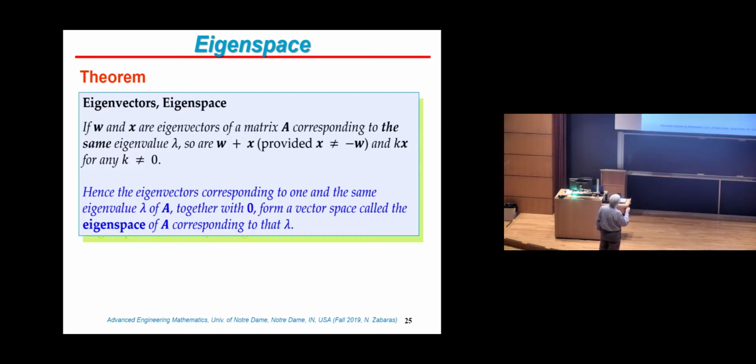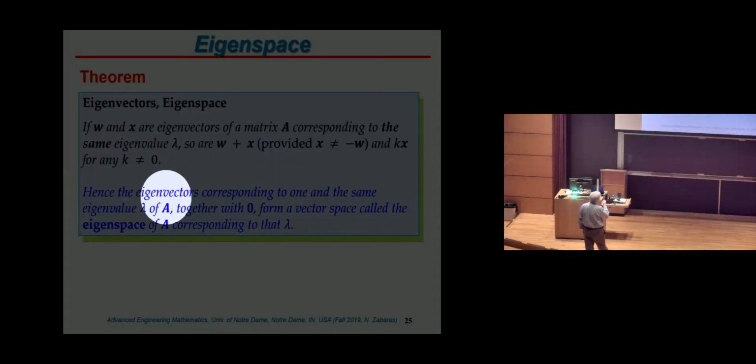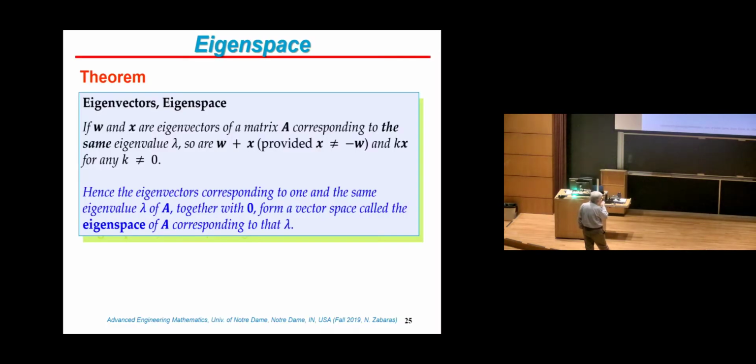Now, if you take all the eigenvectors that correspond to one eigenvalue lambda of A, the vector space that you get is called the eigenspace. And again, we will see that it is possible for one eigenvalue to give you multiple eigenvectors.